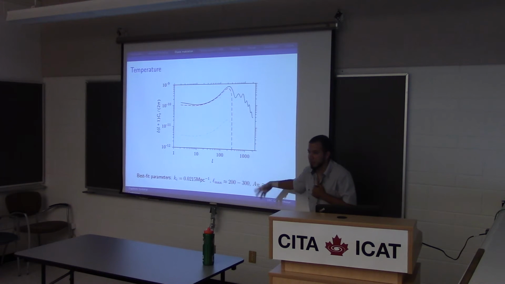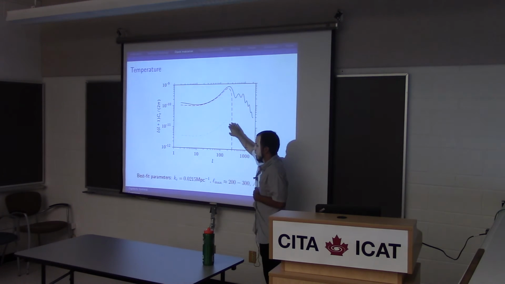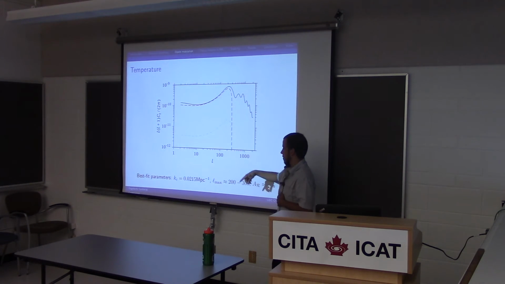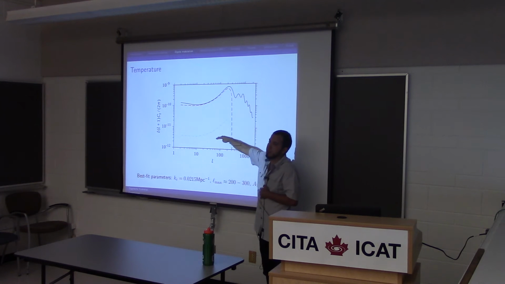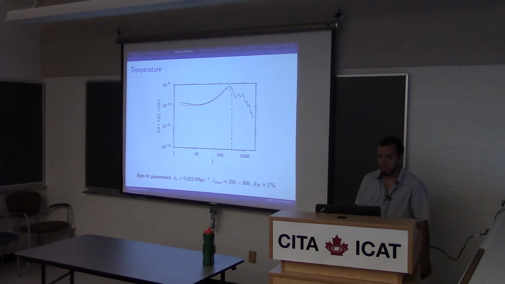So this is roughly again some 3 sigma type amplitude. The green line is the actual anisotropic part. So it's essentially the red line multiplied by this 2%. So that's what the temperature data looks like.